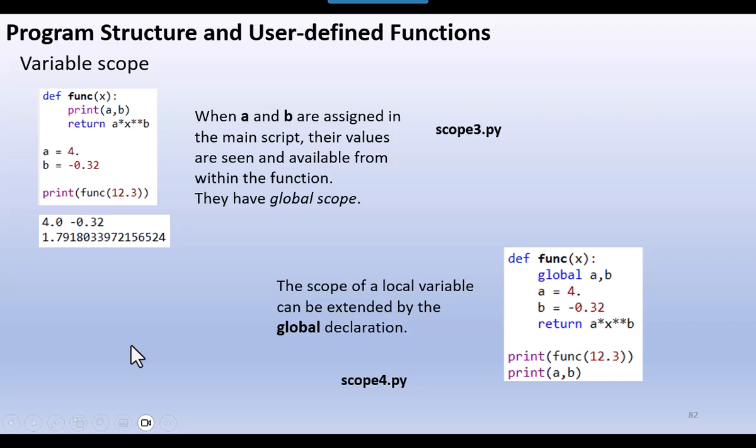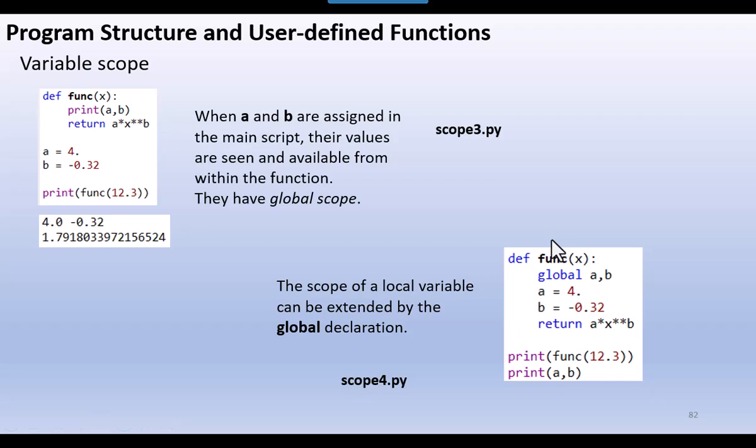And then, just as in MATLAB, we can override this by the use of the global declaration within a function, where we have A and B defined within the function, but we want them to be made available outside the function, or to be able to be seen outside the function, so we declare them as being global, all right?